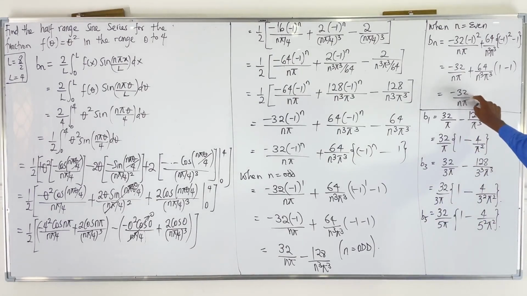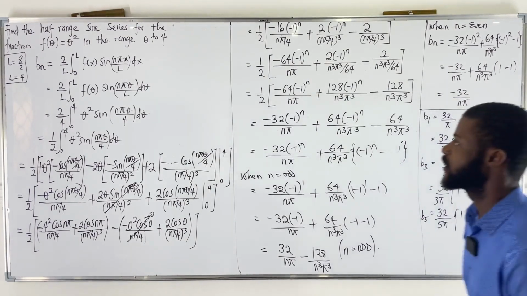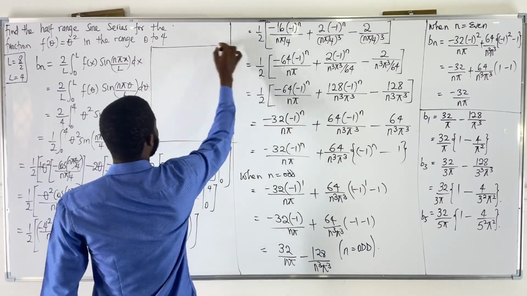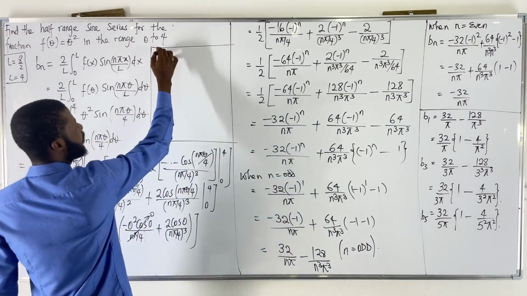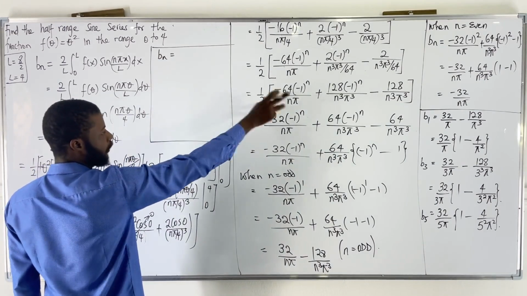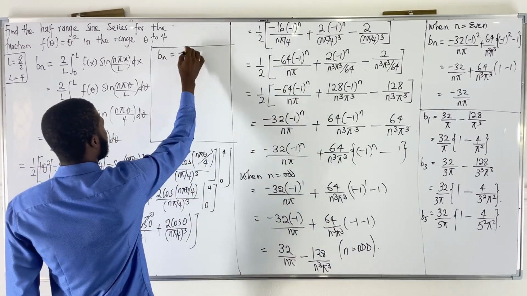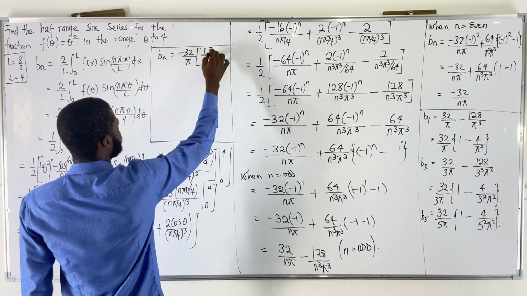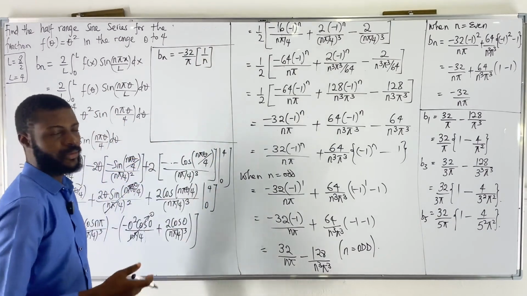Now, to find your b2, b4, b6, they're going to be easy actually. So let me just do that one here. Don't worry, I'll know where I put my values. So my bn when it's even, I could say that that expression is minus 32 over pi into 1 over n. I could write it like this.